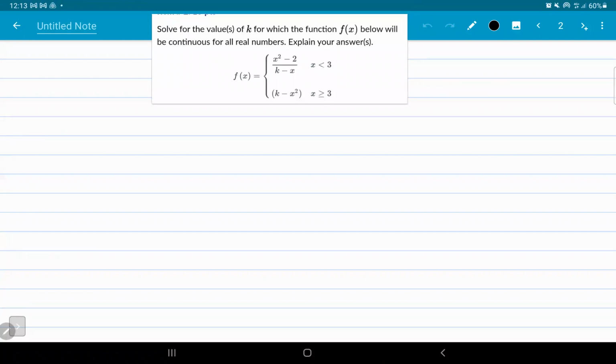So for this, you have to find the k value. So you just get the limit from the left and from the right and equate them.